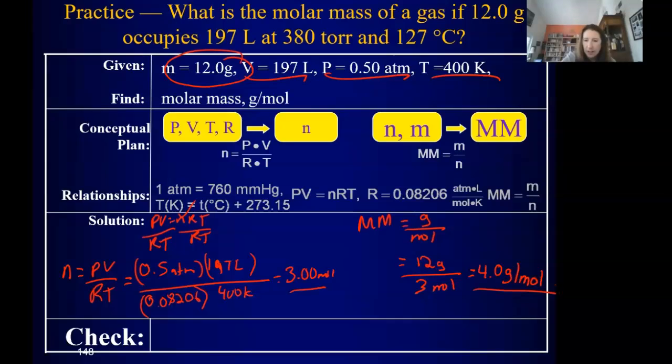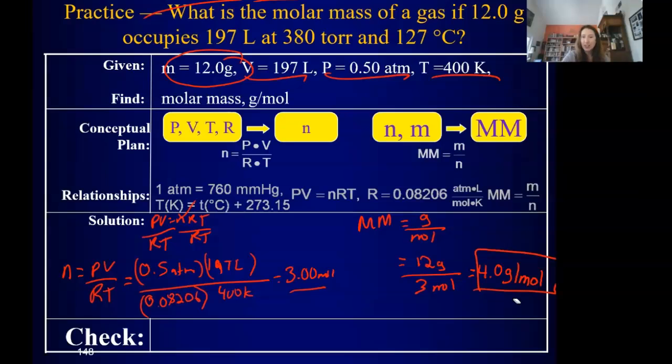And I actually had this question on an exam about 2 years ago, but the question was, what is the identity of this gas? It kind of threw people off. That's why I put it in the lecture. How could you tell the identity of this gas?